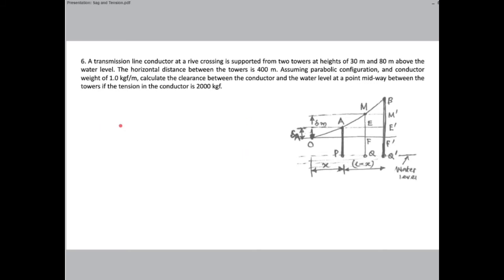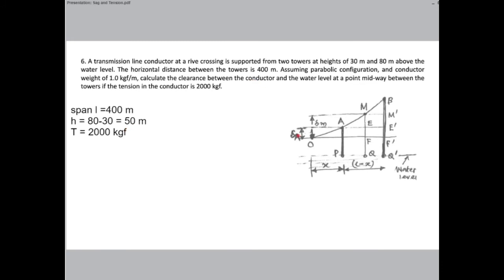So what is given here is span L is 400 meters. H, which is the difference between the two towers, 80 minus 30, is equal to 50 meters. T, the working tension, is 2000 kgf.